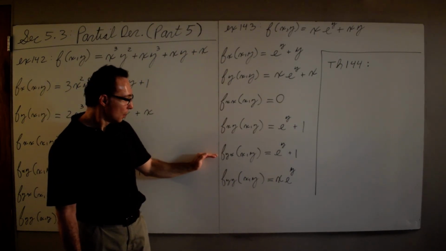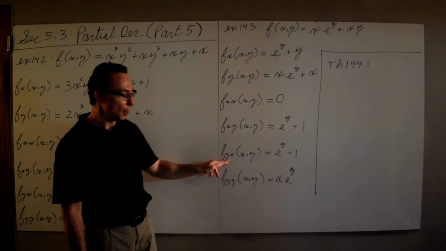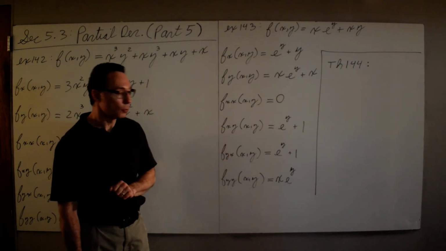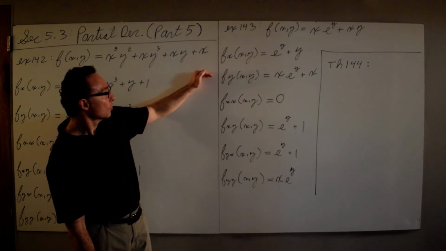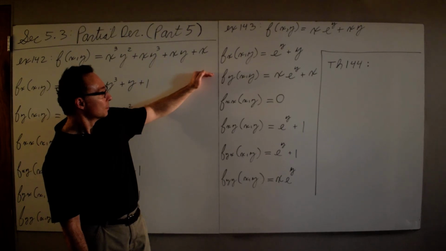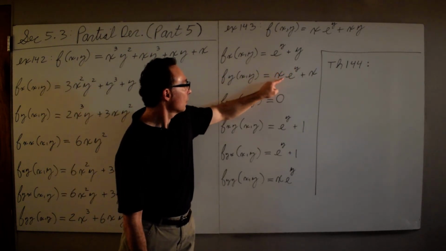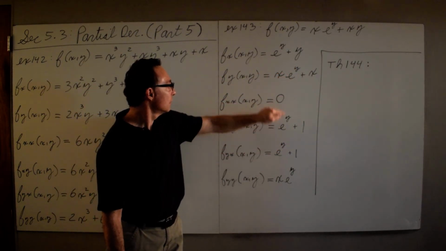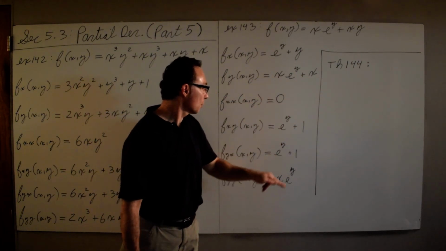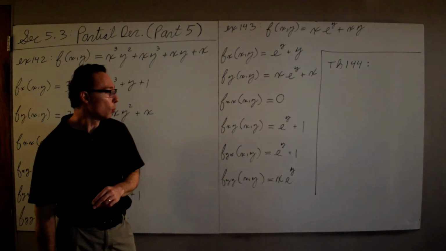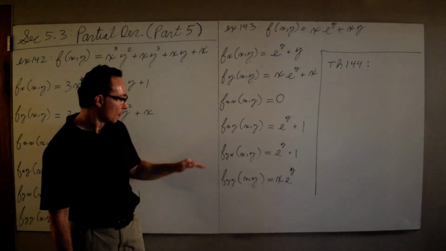For this next one, we start with the partial derivative with respect to y and calculate the partial derivative with respect to x. This term is a constant, so we just have that constant. For x, this is a linear function, so the partial derivative with respect to x of x is simply 1.